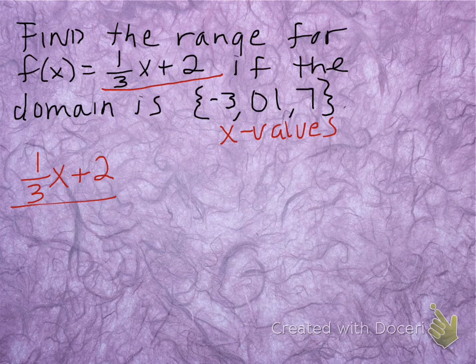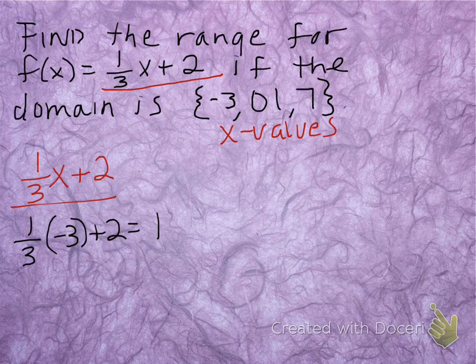So my first value is negative 3, so I'm going to take 1/3 times negative 3 plus 2. Well, 1/3 times negative 3 is the same as negative 3 divided by 3, or 1/3 of negative 3, which is negative 1, plus 2 gives you 1.